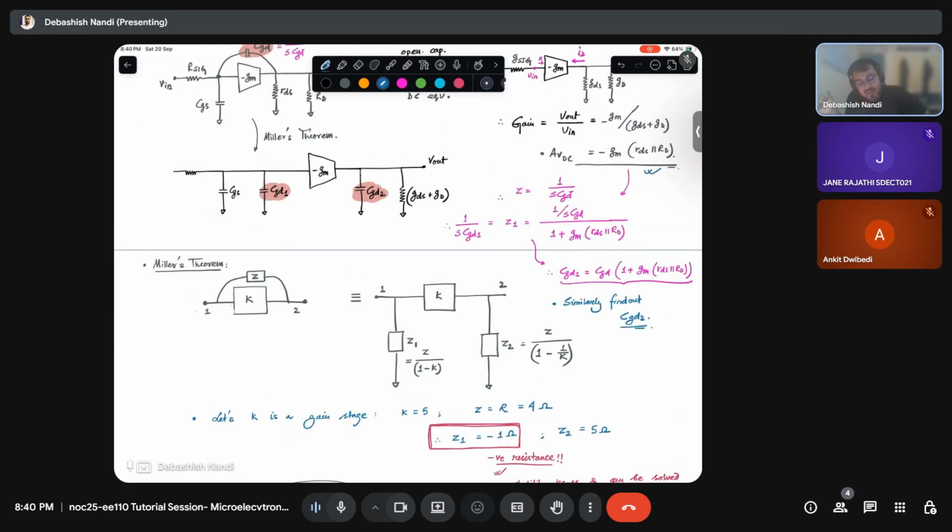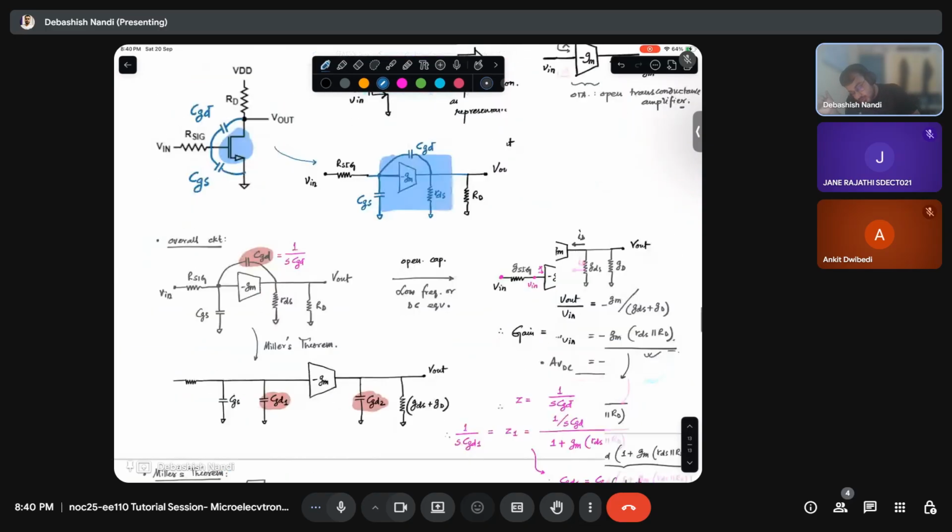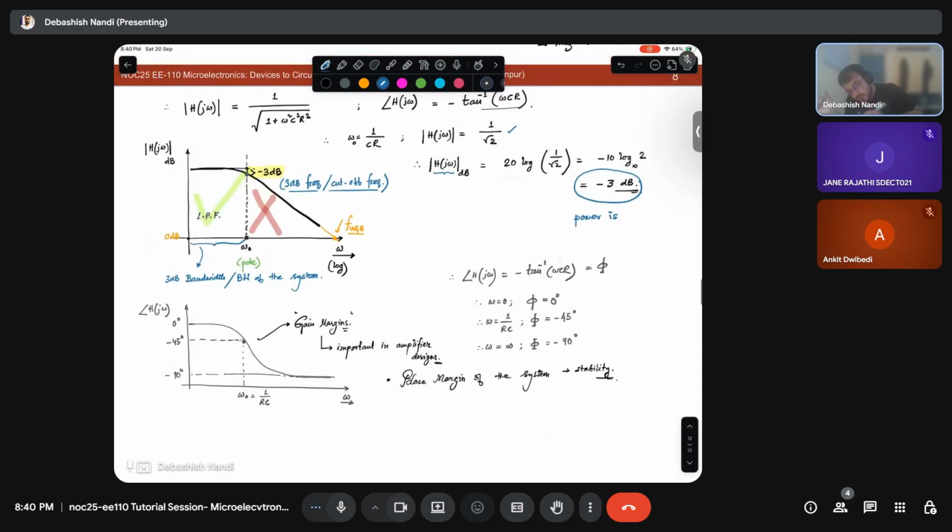It will be minus GM RDS parallel RD. Yes, sir. And let's say at this point you hit a pole, omega equals P1. So what will be the slope after that? This I think I have not discussed. So this slope is minus 20 dB per decade.